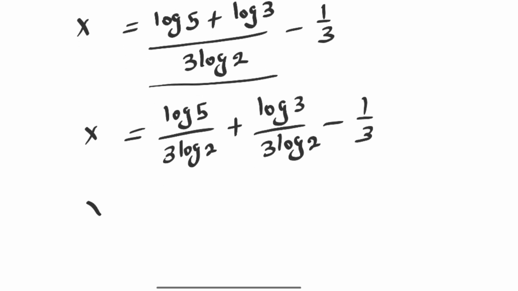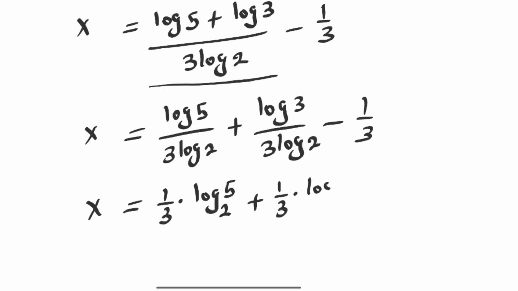This is the same thing as x is equal to 1 over 3 multiplied by log 5 over log 2, which can be written as log 5 base 2, plus 1 over 3 multiplied by log 3 over log 2, which can be written as log 3 base 2, minus 1 over 3.